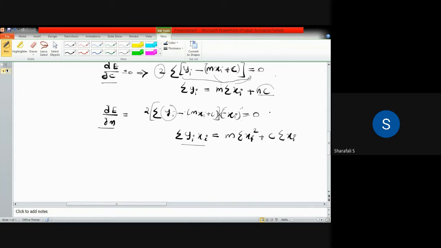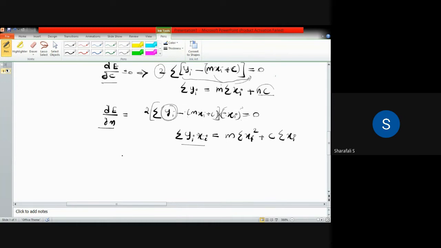When it goes to the other side, it will become minus mxi plus c into xi. Sorry, the minus will not be there. Here also we will have one minus, because we are multiplying this minus xi with this yi. So the two minuses cancel, and we get this kind of equation.